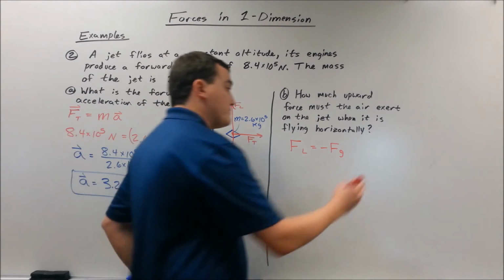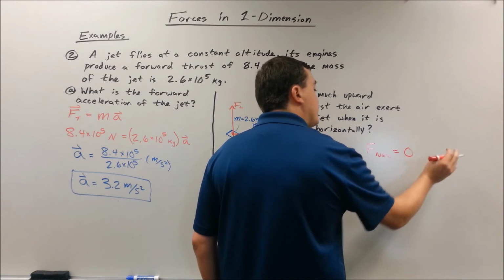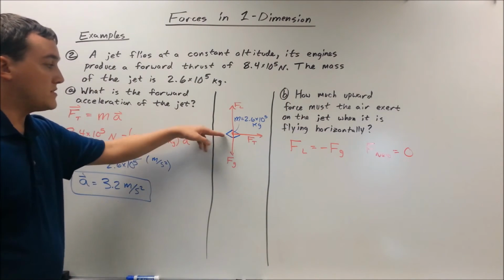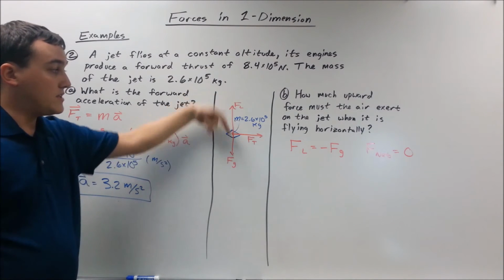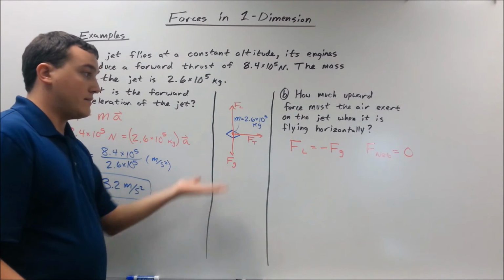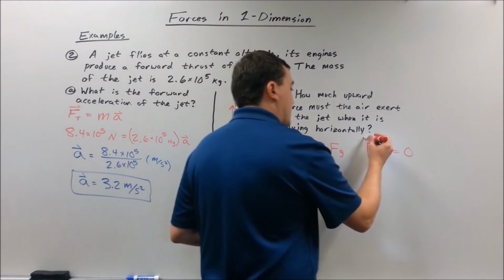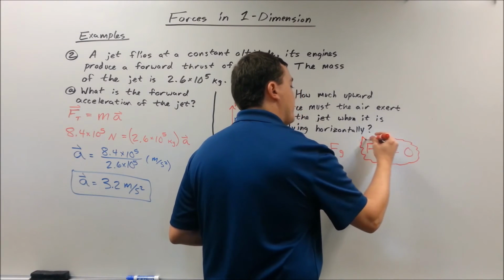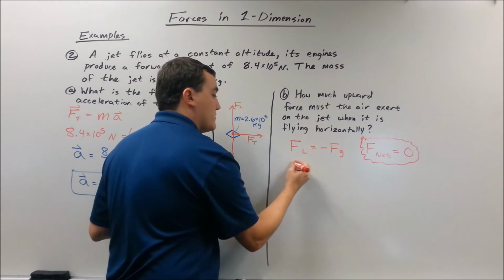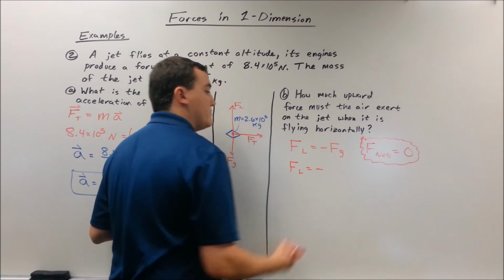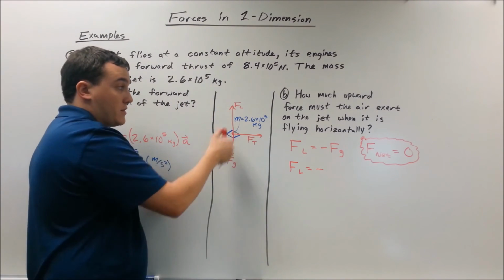And we also know our net force here equals 0, because the plane's not going up or down. It's flying in a straight line. So these two forces have to cancel out, and therefore it's not ascending or descending. It's flying straight. So that's a big thing. Net force is 0. Now we plug in some numbers. So our force of lift equals negative mg, and lift is going to be positive in the end, because it's upwards.